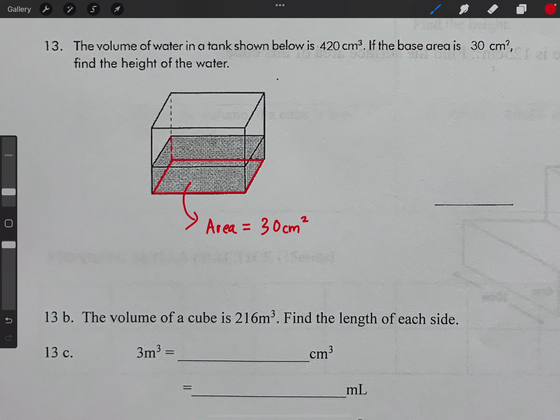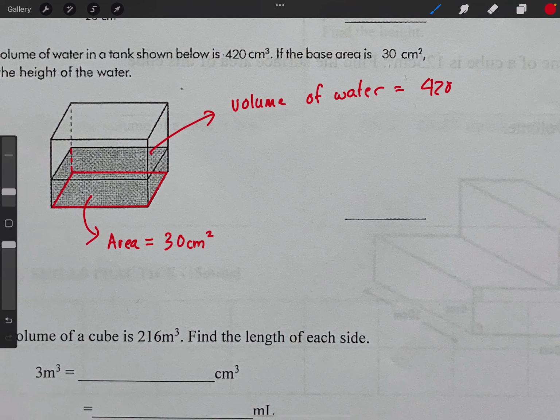Let me see the volume. Okay, so we know the volume of this water. Volume of water is equal to 420 centimeters cube.